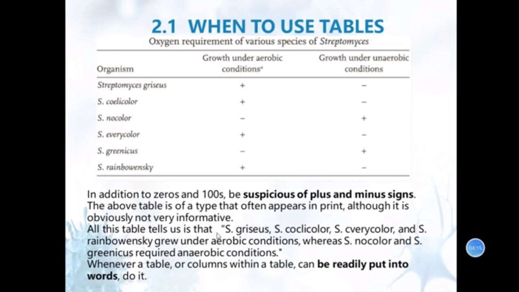All this table tells us is that some species can grow under aerobic conditions, whereas others, marked with a minus sign, require anaerobic conditions. When a table or column within a table can be readily put into words, then do it. Do not use the table instead.